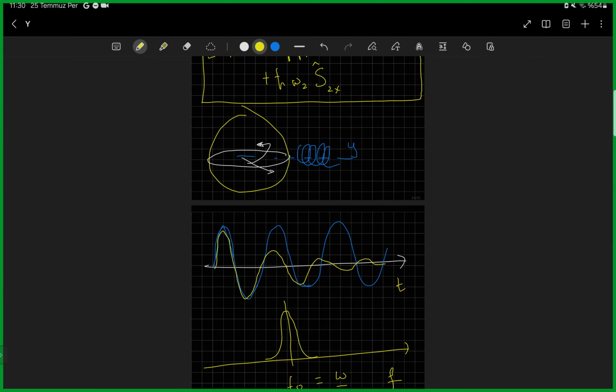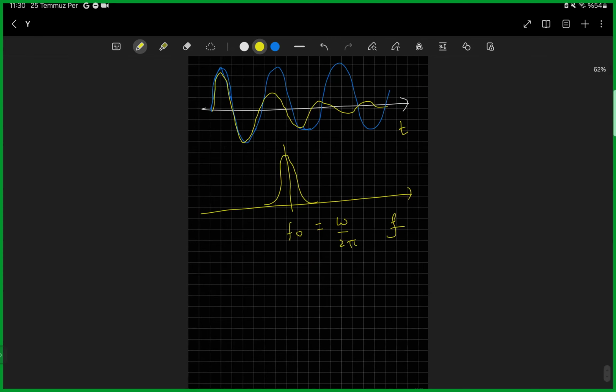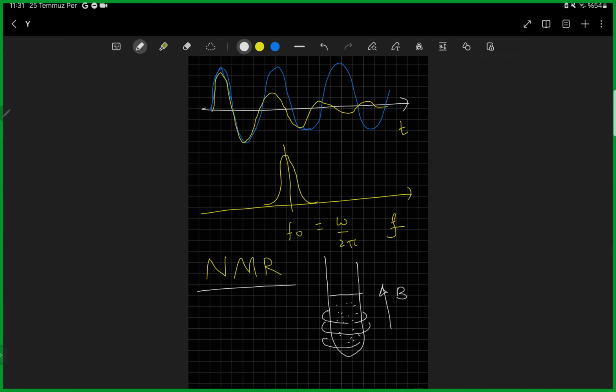One implementation of a spin-based scheme is through nuclear magnetic resonance, NMR. In NMR, you just have a test tube in which you put your liquid, and that liquid has molecules in which there are nuclear spins, which are spin-1/2 particles. And then you put all of this inside a strong magnetic field, B0, in the z direction.